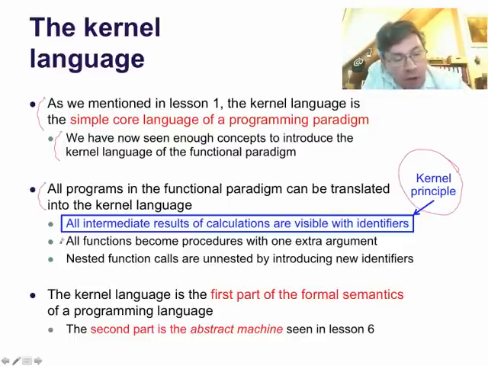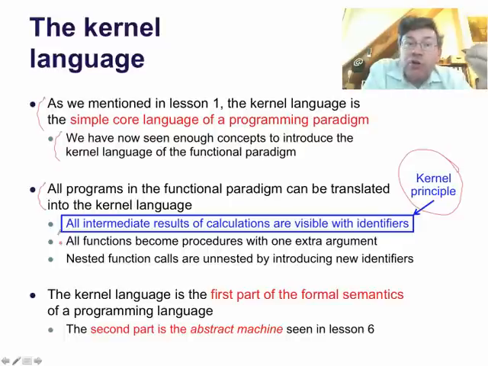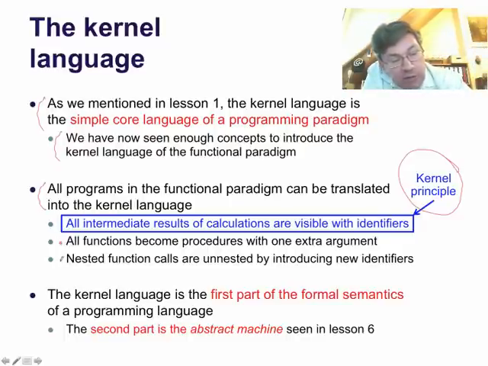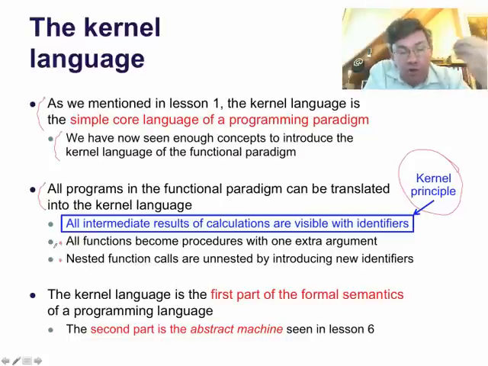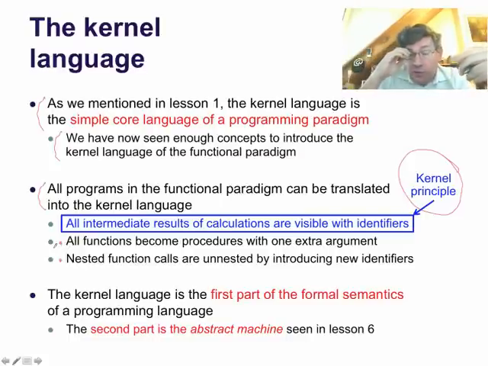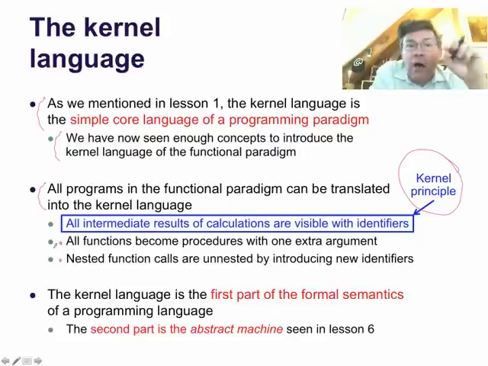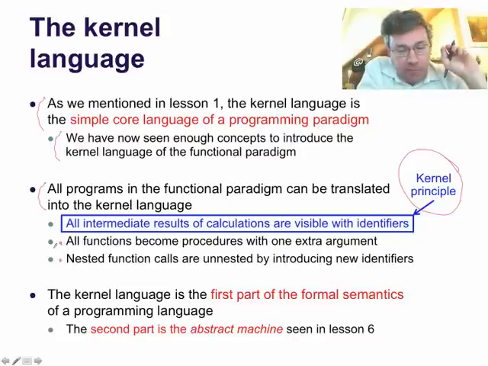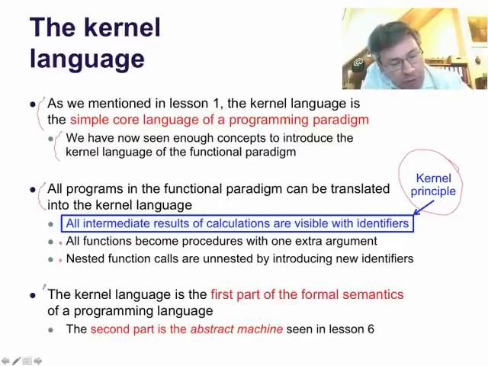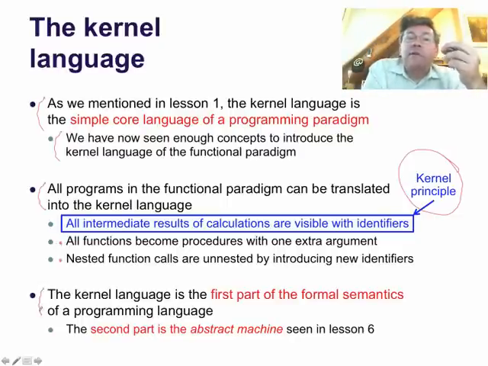And this means that all functions become procedures with an extra argument that corresponds to the output, and all nested expressions, function calls, will be unnested, and identifiers will be introduced so that we see all the intermediate results. So the kernel language is actually the first of the two parts of the formal semantics of a programming language.